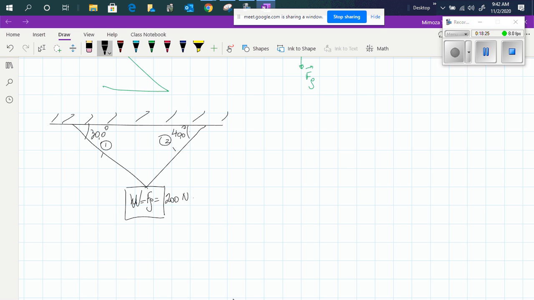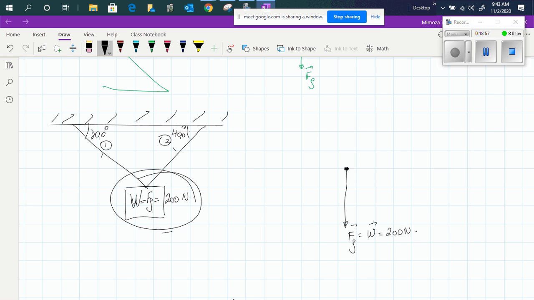This situational diagram will be translated into the free body diagram, where the object of our interest, the object with weight 200 newtons, is represented by a dot. The weight is a vector quantity, and it is equal to the force of gravity.